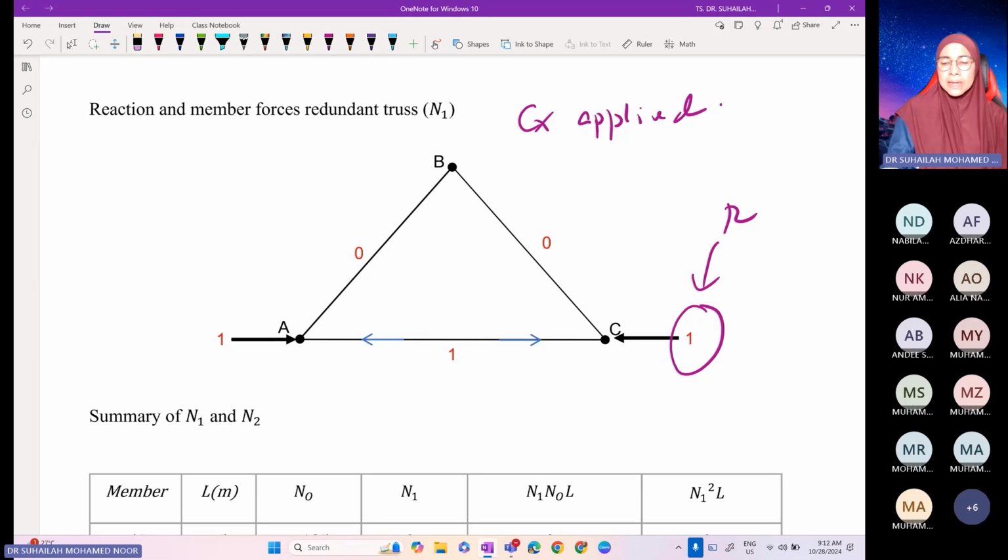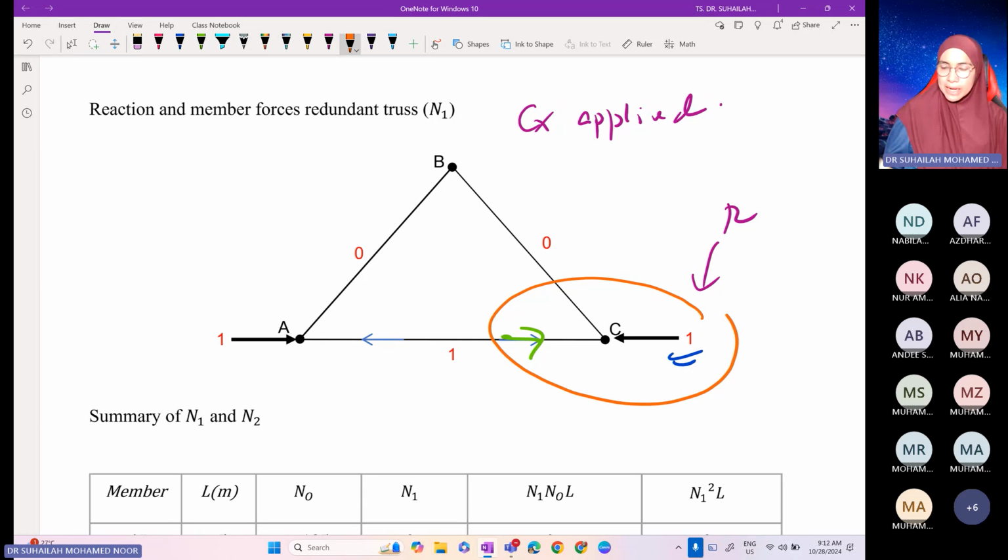Okay, so daripada sini, kita just tengok pada join tadi. Join C ada value 1. So 1 ni kena balance. Yang mana yang akan balancekan 1 ni adalah yang ni. Ni ada arrow kat sini. So ni untuk balancekan C. Ini semua untuk C. Untuk balancekan C. Y tak ada value. So only X. Okay, so ini dia ada 1.